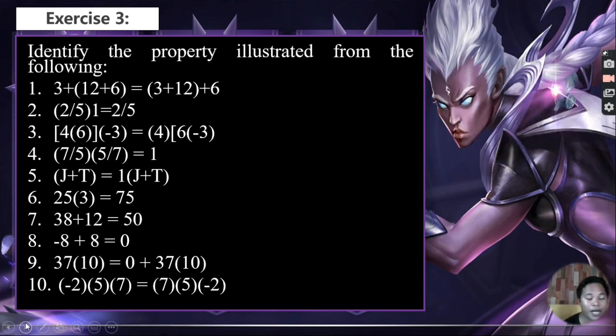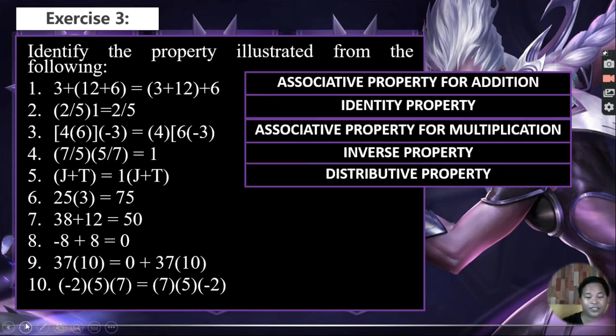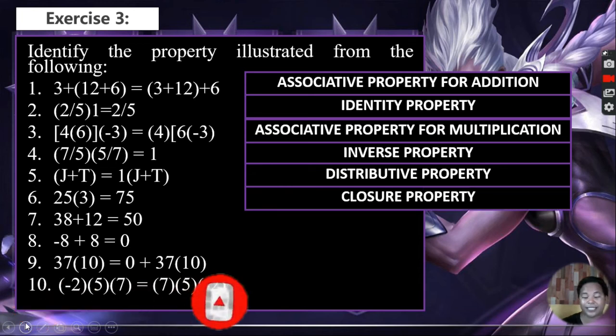Then, for number 5, we have the quantity j plus t is equal to 1 times the quantity of j plus t. This is distributive property. And number 6, 25 times 3 is equal to 75. This is closure property.